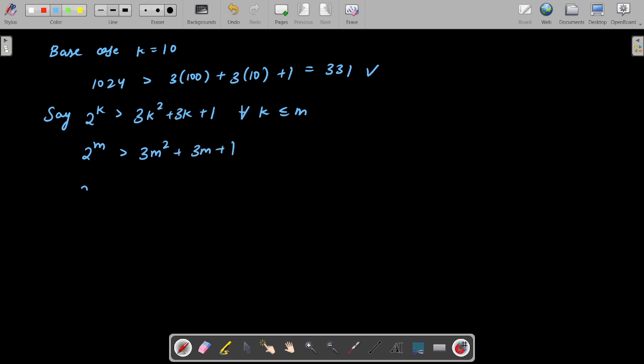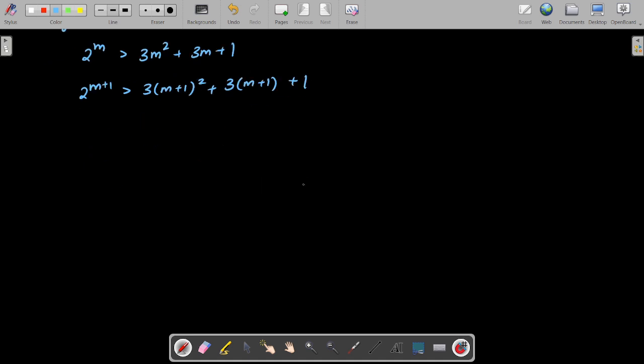What we need to prove is that 2 to the power m plus 1 is greater than 3 into m plus 1 square plus 3 into m plus 1 plus 1, right? What do we already have? Okay, let's expand this. So 2 to the power m plus 2 to the power m greater than 3m square plus 6m plus 3 plus 3m plus 3 plus 1, right?